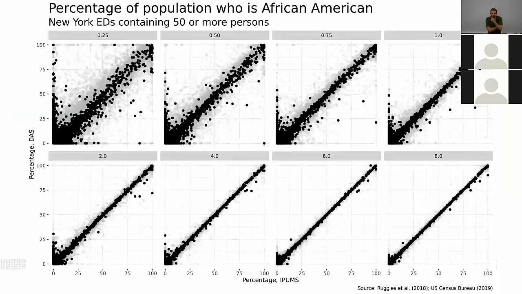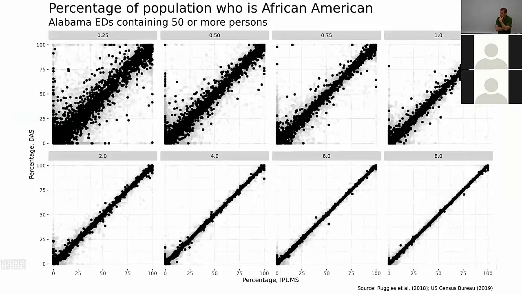So now I've highlighted all of the New York enumeration districts that contain 50 or more people. I just wanted to see how similar the distribution of these percentages were for New York EDs compared to the nation. And really, in this case, I'd say that the New York case is fairly similar to the nationwide case. The scatter plots are somewhat similar.